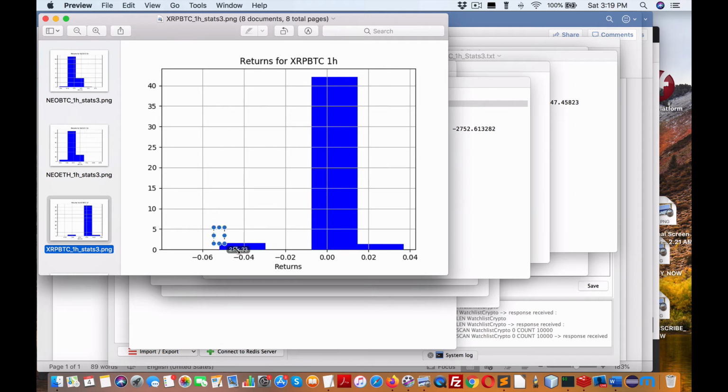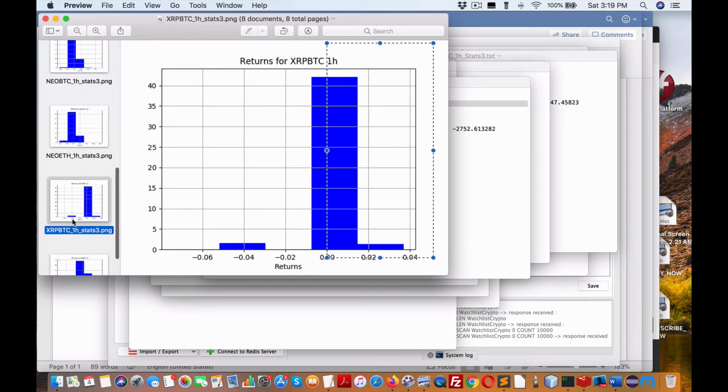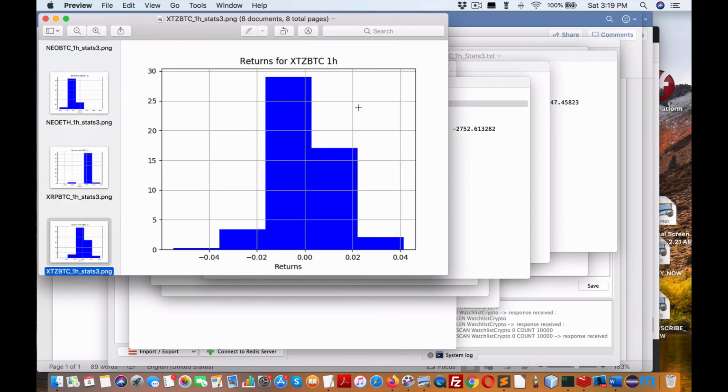We do have a few more negative movers, but just lately, the historical says you've got a much higher percentage of positive returns on an hourly basis, so you might be better on average to trade XRP BTC. And same here with XTC and BTC, where there's a slightly higher percent chance.